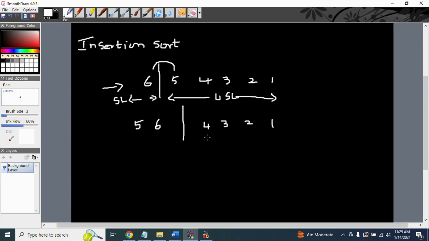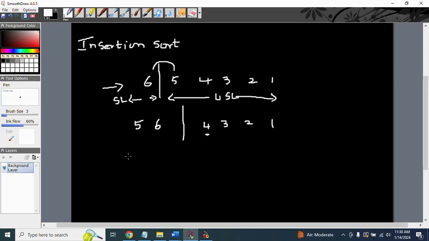Now I repeat with the next element of the unsorted list, which is 4. This 4 has to be compared with all elements of the sorted list. I have two elements in the sorted list, so 4 is compared with 6 and also with 5.